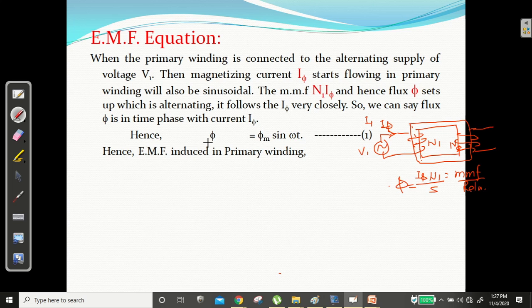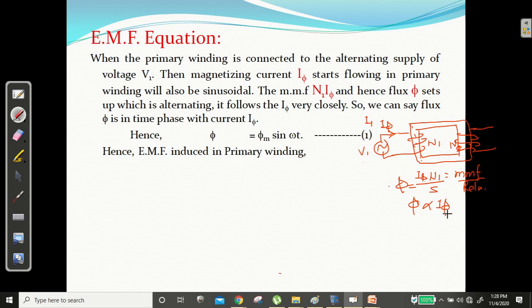So flux, this is alternating voltage, so Iμ will also be alternating, sinusoidal, Iμ equal to Im sin omega t, and if Iμ is 0, phi will be 0, if Iμ is maximum, phi is maximum, so flux is proportional to Iμ. If this is 0, this is 0, this is maximum, this is maximum, okay?